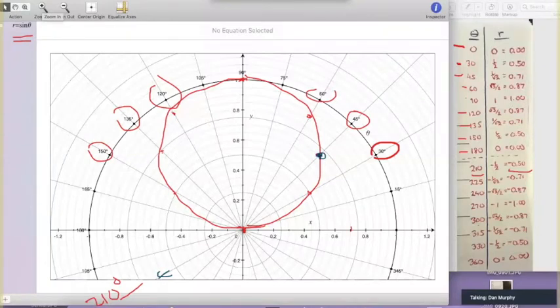You see that? And then if we were to go at 225 degrees, that's down in this direction, and now notice it's negative 0.71. So 0.71 would be somewhere down here, but we're at negative 0.71, which puts us back here.